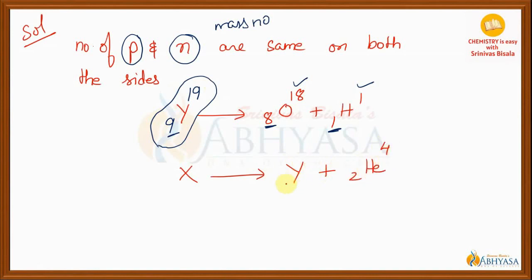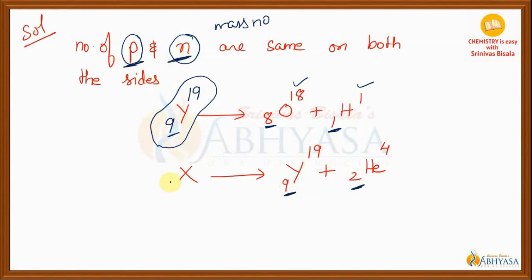Then in the first step, it is given that X is converted into Y plus 2He4. We already know that Y is 9Y19. In order to get the atomic number of X, we need to add these two values, because in both the equations, the protons and neutrons are the same on both the sides.